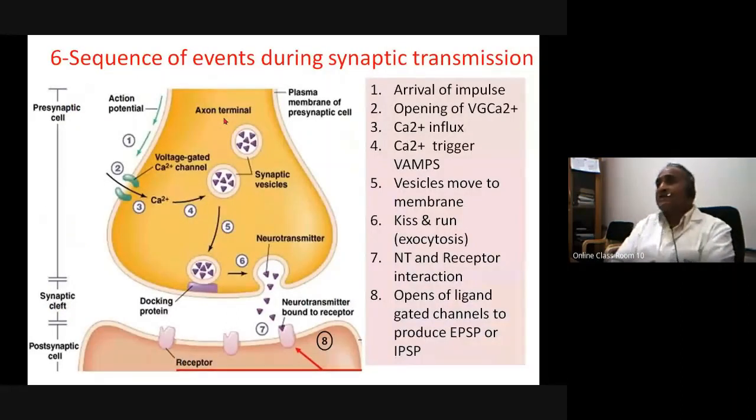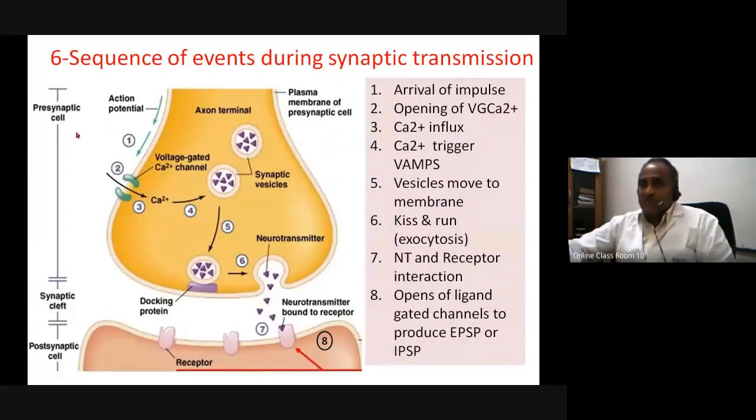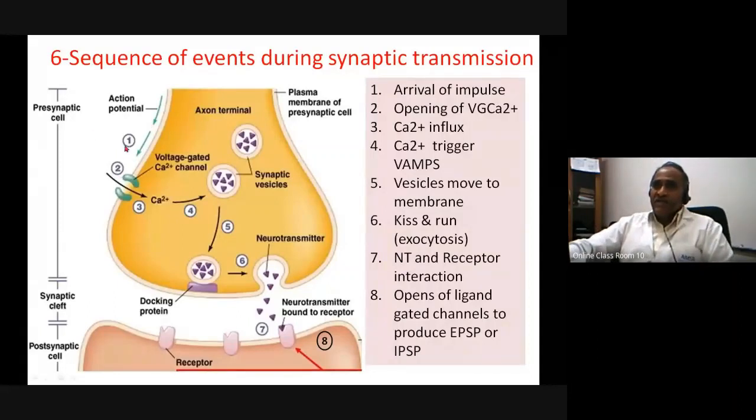Now, what is the sequence of events happening during synaptic transmission? I have made the numbers here: 1, 2, 3, 4, 5, 6, 7, 8. I have made 8 events. The first event is the arrival of the impulse at the presynaptic terminal.